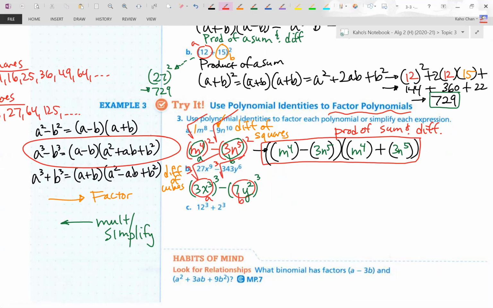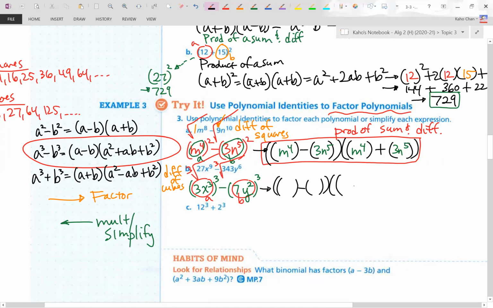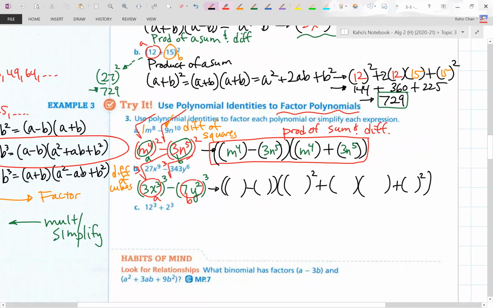But to factor this difference of cubes, it will look like this: A minus B times A squared plus AB plus B squared. Crazy, isn't it? Let's put those numbers in and simplify it.